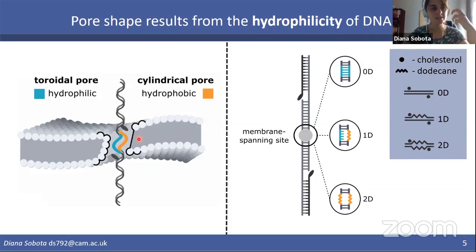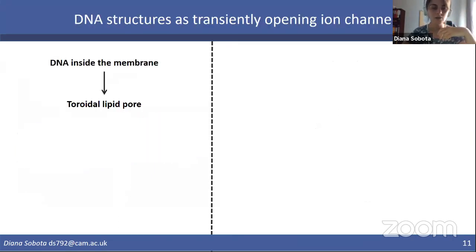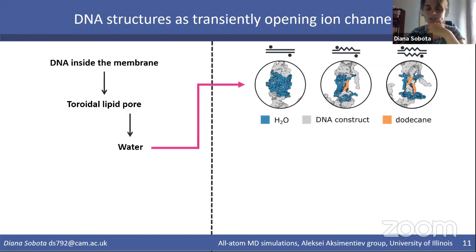Because we don't optically see this DNA, we look at either water, ions that flow through it, or lipids. So this construct is designed with the dodecane being slightly shorter than the span of the hydrophobic core of the membrane. So there will still be some water in the channel. If we have water in the channel, we'll probably have some ions.